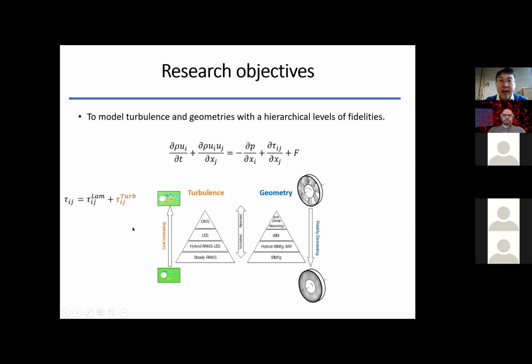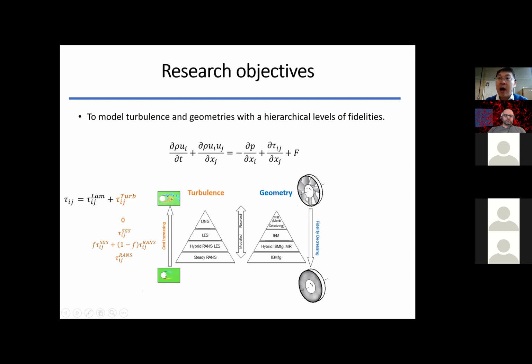For the DNS method, the modeled part of the turbulence stress is just 0. But when we approach large eddy simulation, we model parts of the small scale motions using the subgrid scale stress. And further down to the bottom, we have the RANS method. We model all the scales of turbulence, and that comes just into the eddy viscosity, and that is the RANS Reynolds stress.